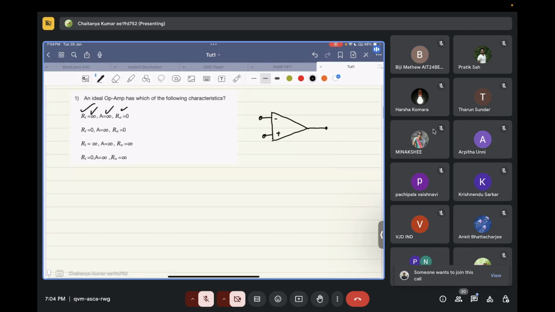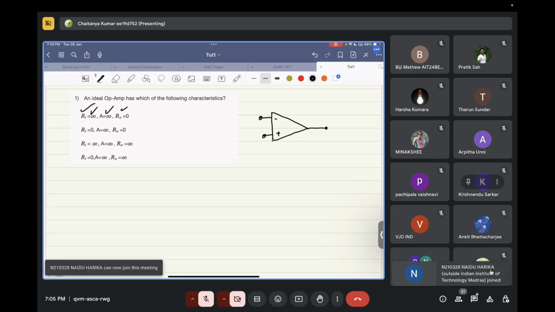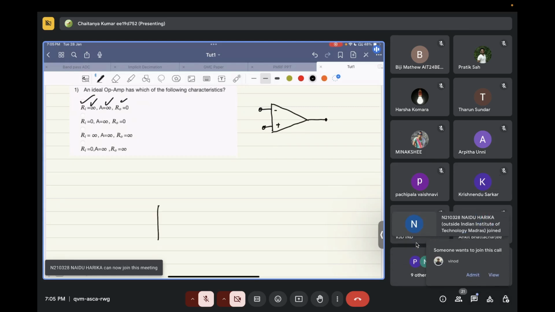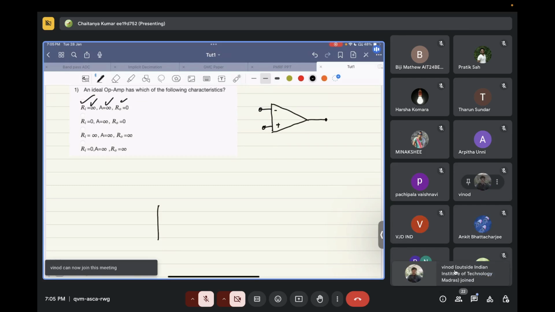Now, can you help me understand why you need these characteristics? Let's see what the most common application of an ideal op amp is. It's used to make circuits in negative feedback.